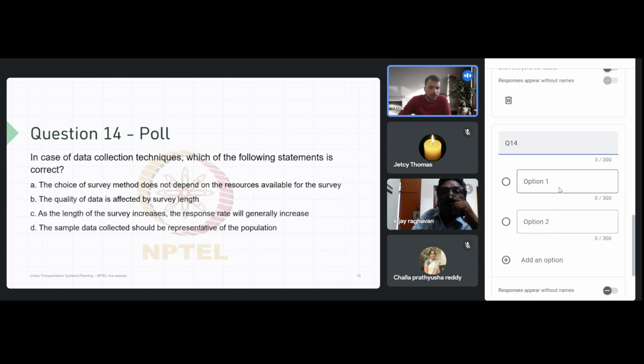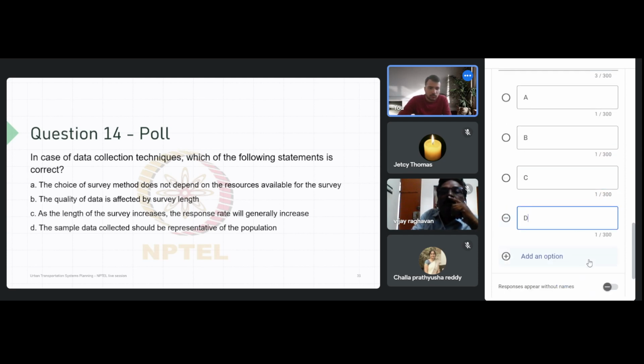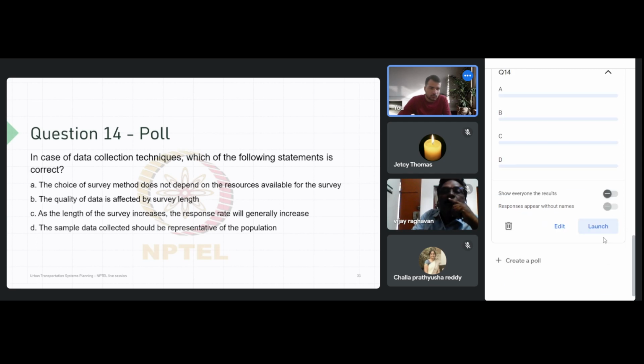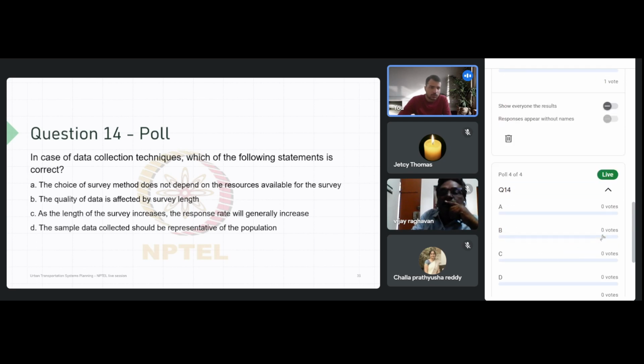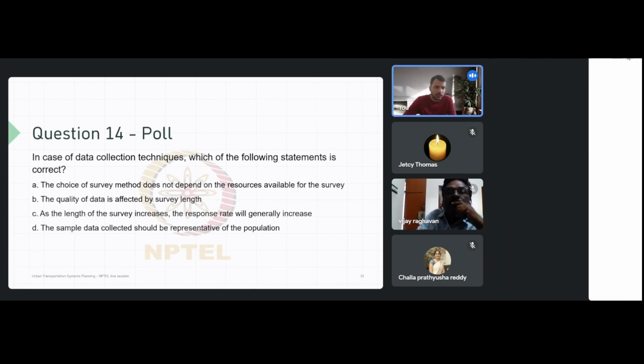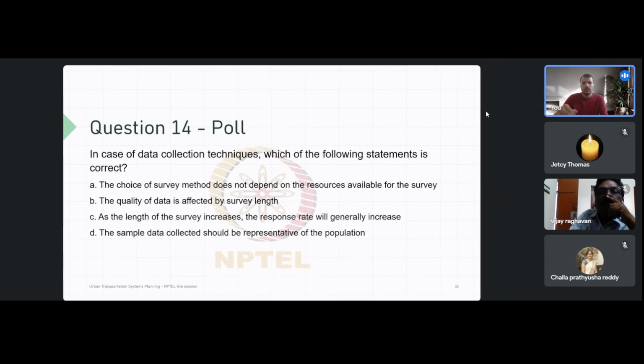You can answer it in the chat also. I have dropped the poll. You can answer it there. Give maybe 2 minutes for this, then we move on.